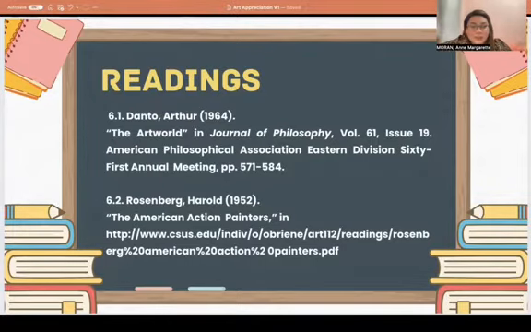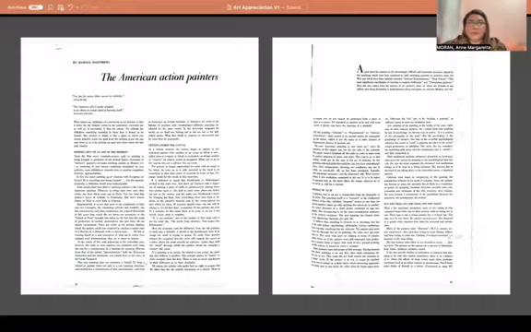The second one is Harold Rosenberg. He was the one who created the American action painters. We have also included the link where we can check further, and I've actually checked on that one. Here's what I found out.